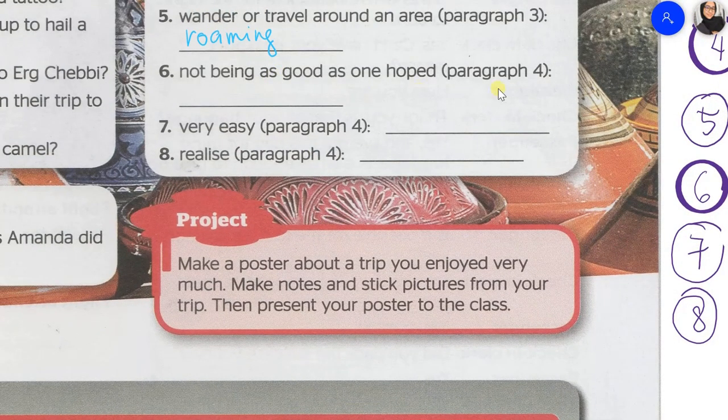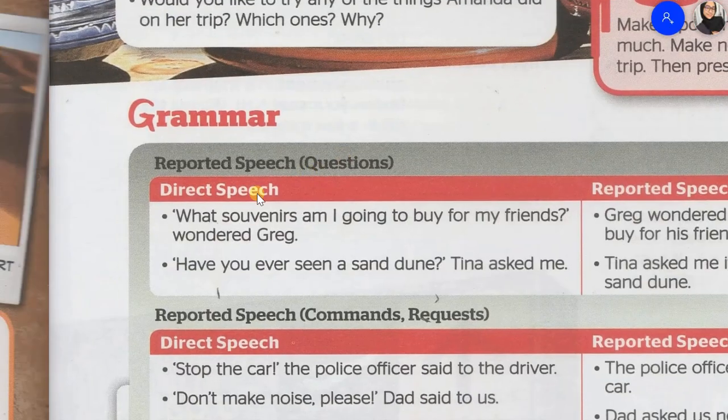It's live up to one's expectation. Alright, now which word means very easy? Still in paragraph 4.